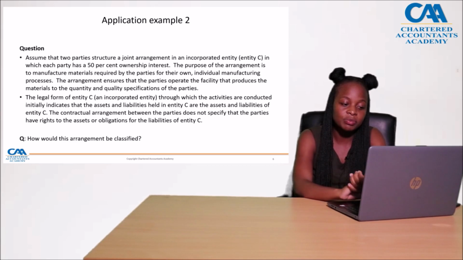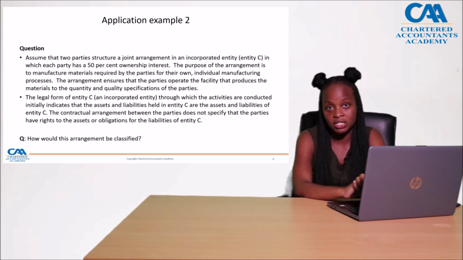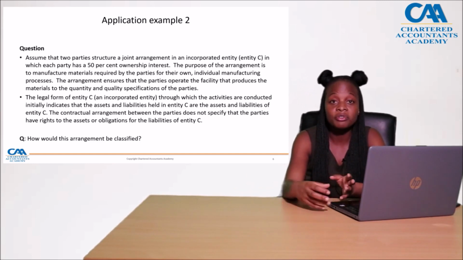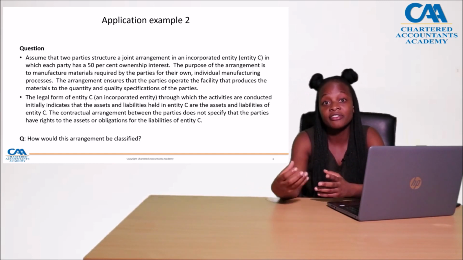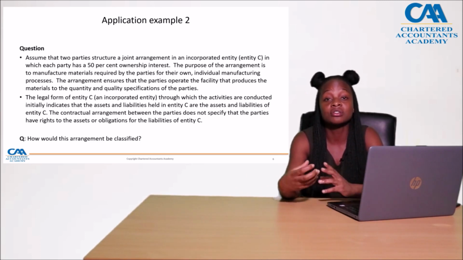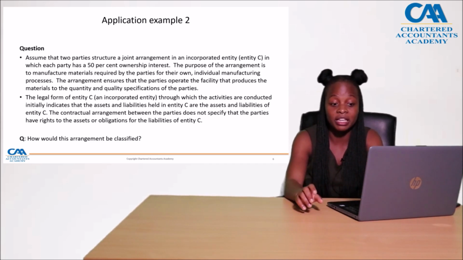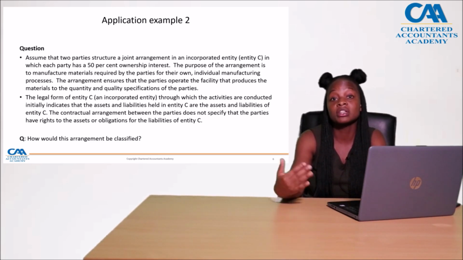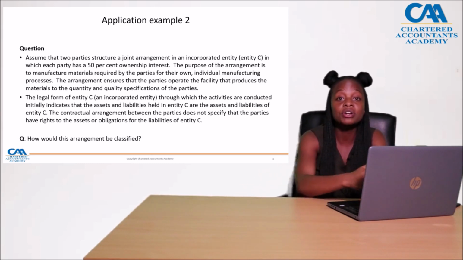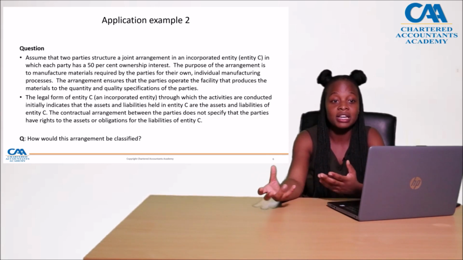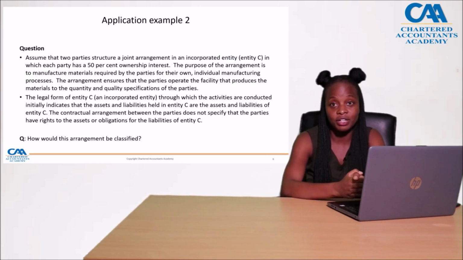The contractual arrangement between the parties does not specify that the parties have rights to assets or obligations for the liabilities of entity C. As much as it doesn't specify that, considering other facts and circumstances drives us away from just concluding that it's a joint venture. Just taking the paragraph beneath, you could easily have concluded that it's a joint venture. But there are more facts and circumstances that make us realize that this arrangement is a joint operation.